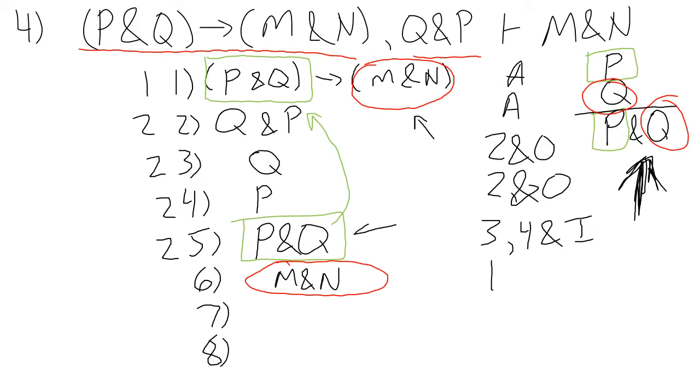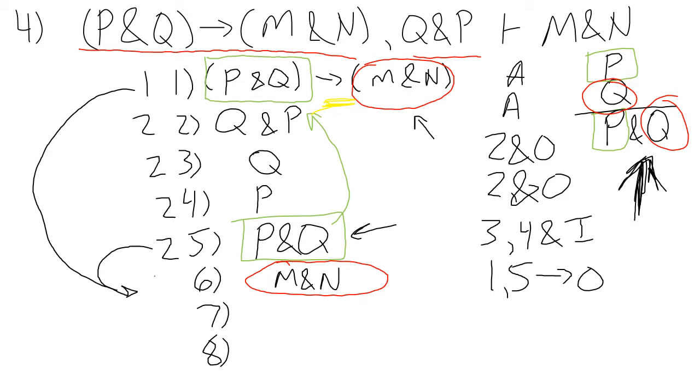We need the left side, which is here in line 5. And what's the rule that we're using? Well, we're using arrow out because that's our main operator here in 1. Now we want to look at what numbers are next to 1, which numbers are next to 5, and we have 1 and 2. And so with that, that was the conclusion that we are looking to get to.